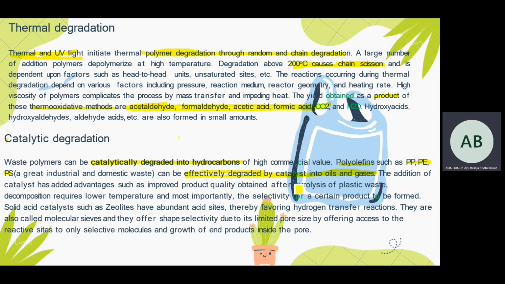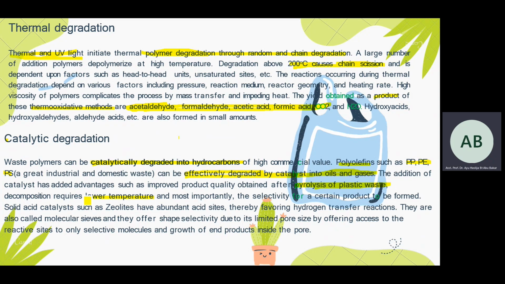Most of the time, they use the pyrolysis process for this kind of plastic waste. That means catalytic degradation combined with thermal degradation. Pyrolysis at high temperature. Pyrolysis waste requires lower temperature.